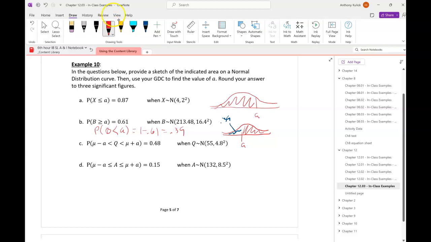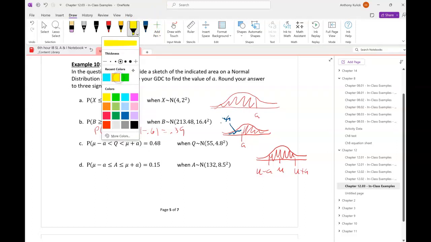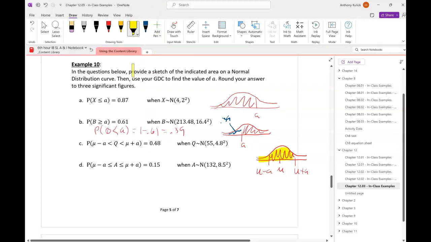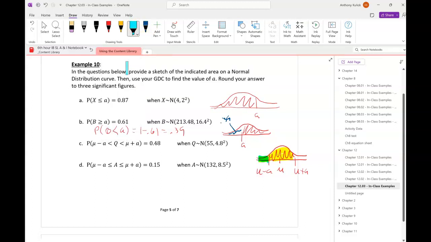Maybe drawing the picture here to start would be good, right? So you want that section, right? Does that make sense? So what you could do is you could take like that area, and minus that area.